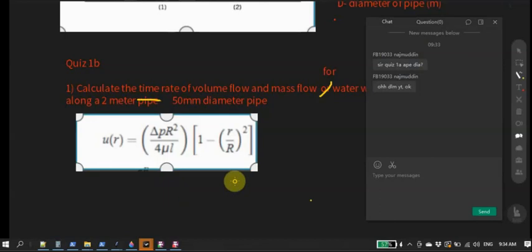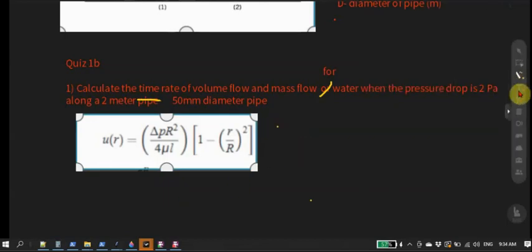Right, so let me remind you again of the submission file name. This is a convention that I use in all the documents. So this one will be quiz, section 2, right?